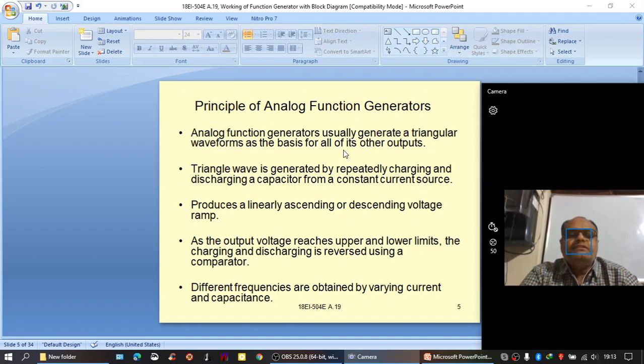As the output voltage reaches upper and lower limits, the charging and discharging of the capacitor is reversed and different frequencies are obtained by varying current and capacitance. By varying the value of current flowing through the capacitor or by changing the value of the capacitance of the capacitor, different frequencies can be generated using the function generator.